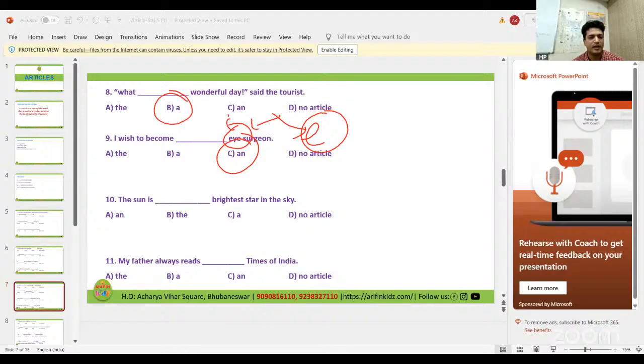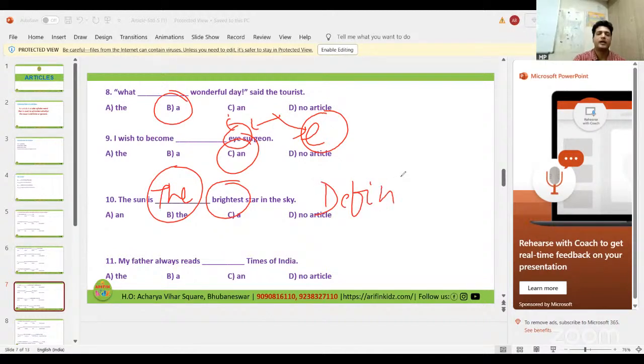The sun is now, whenever you have superlatives, right, we only use the, right, the brightest, right, the farthest, right, the smartest, right. Superlatives, we use the because it is definite, right? So, whenever there is a superlative, we use the.